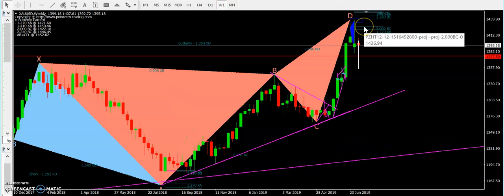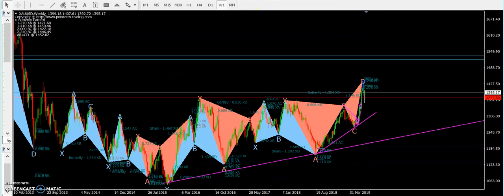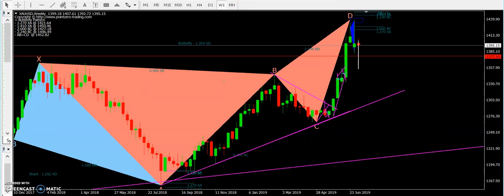Even here, there's a pattern. It's a different pattern, but on the weekly, it shows that it's a D pattern. It didn't overextend to 2.24, and it just fell.